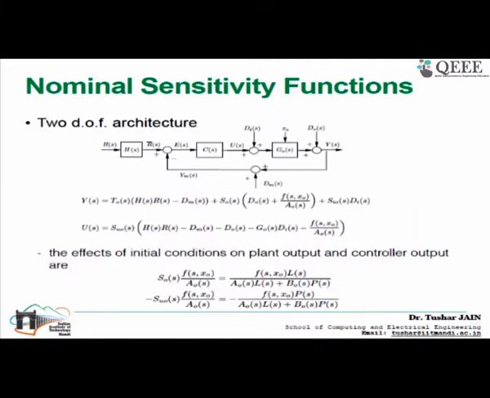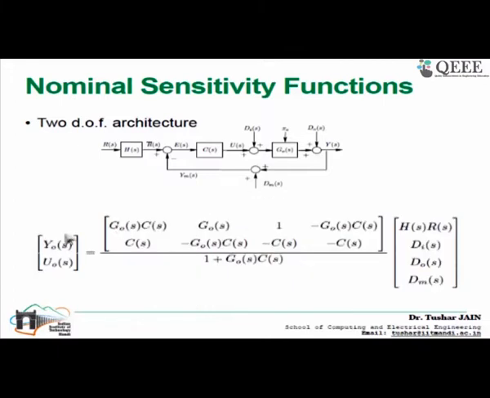In this slide, we have some other transfer functions as well, the two bottom transfer functions with respect to the initial condition. So all this Y naught and U naught, which are basically the outputs of my closed loop systems. You can write this in the matrix form, where the denominator remains the same for all these transfer functions.